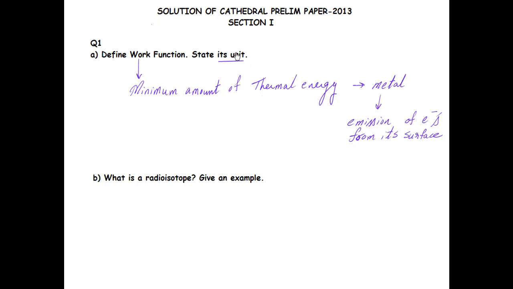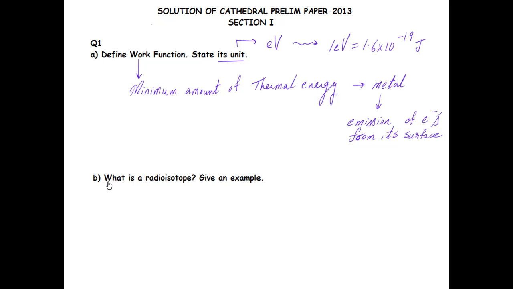And the unit of work function is electron volts, which is a unit of energy in modern physics, and I'm sure all of you know that 1 electron volt is 1.6 into 10 raised to minus 19 joules.